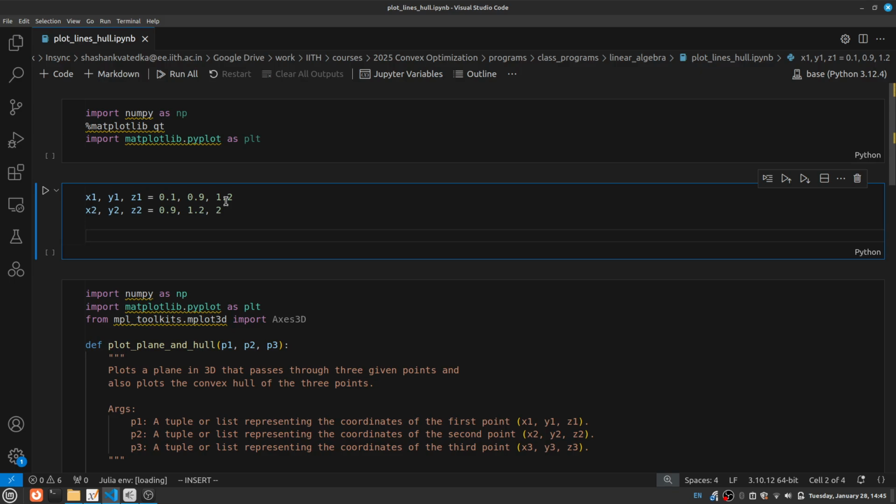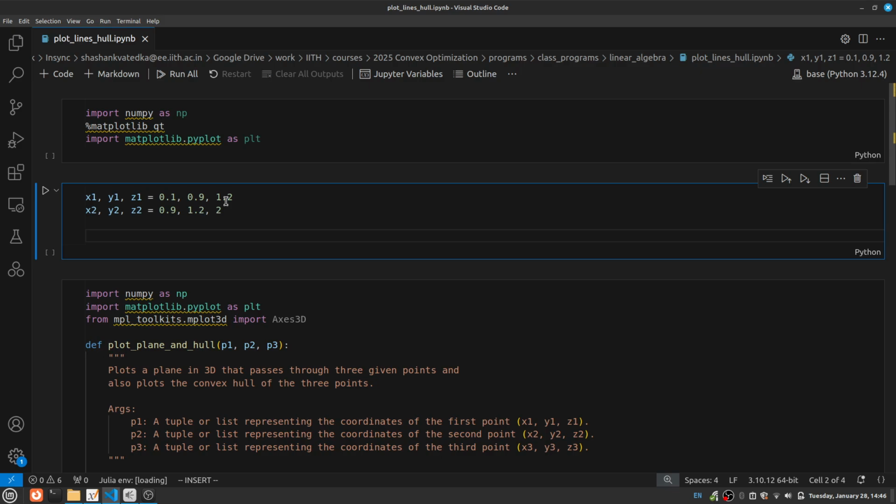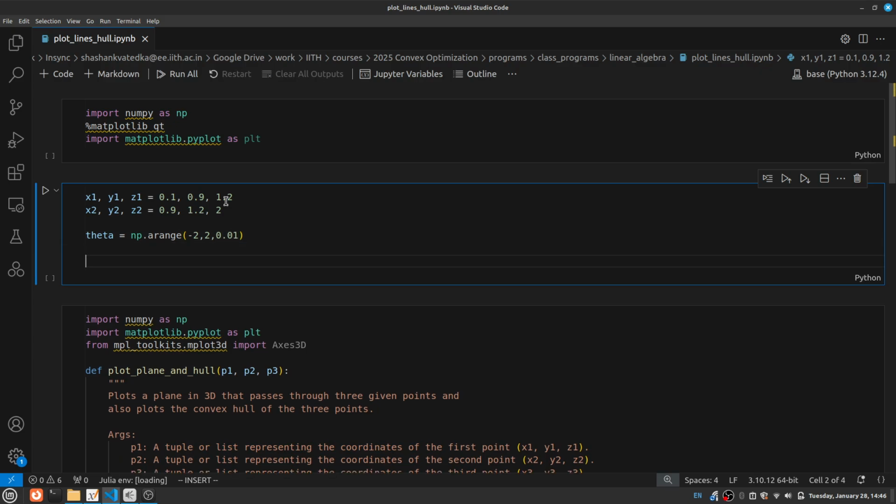What I'm interested in is what happens as I take some combination, let's say 1 minus theta times x1 plus theta times x2. So let me define theta. Let's say theta varies from minus 2 to 2 in steps of 0.01. Okay, and let me just plot this particular linear combination of these 2 vectors.